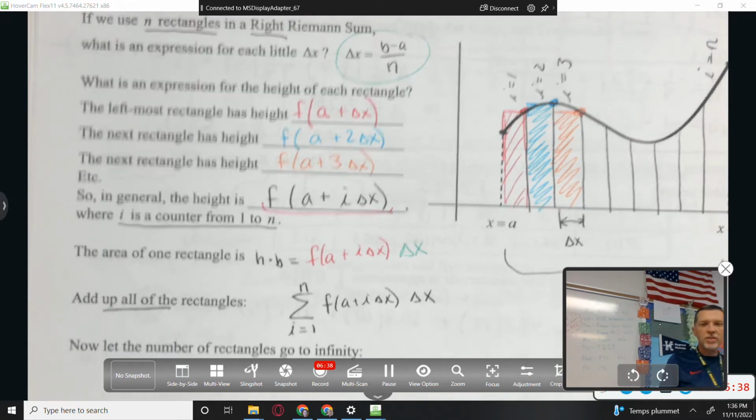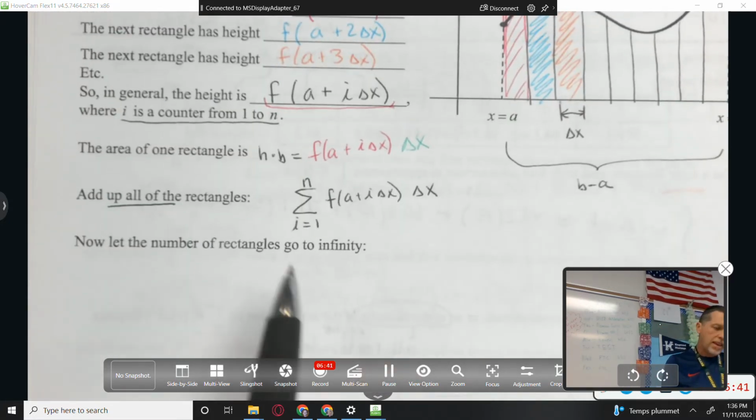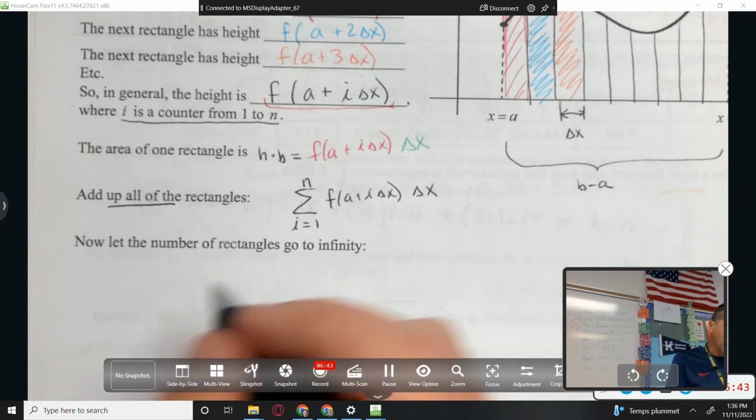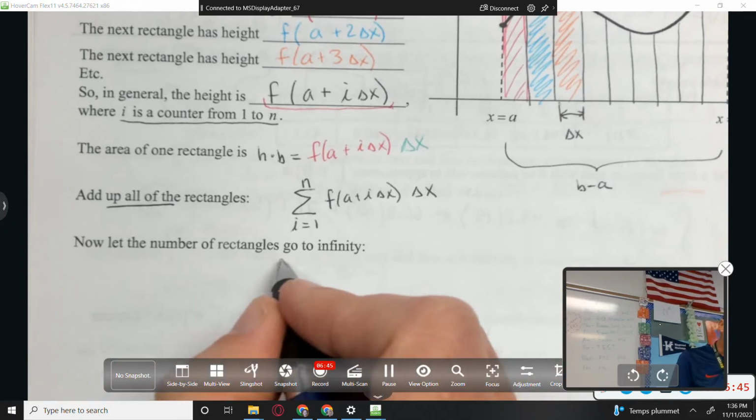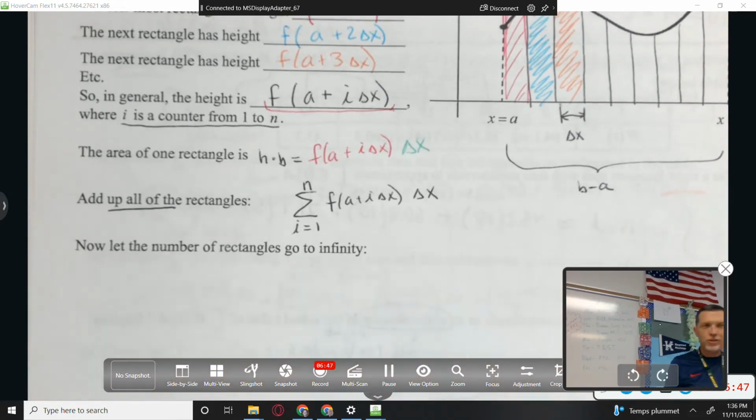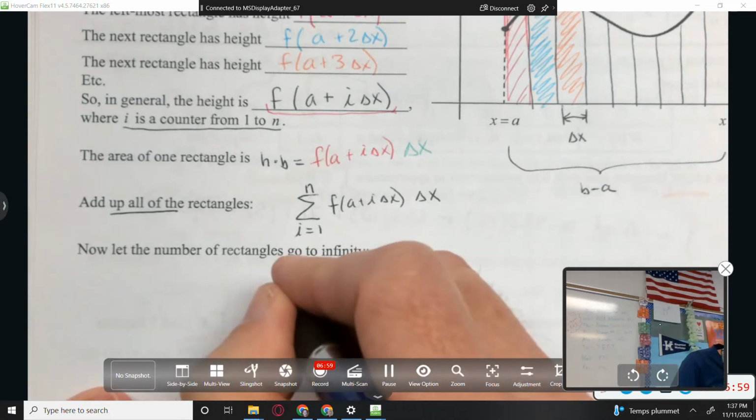Now here comes the fun part. If I really want to get an accurate number or an accurate area, we could let the number of rectangles go to infinity. That's where things get a little funny, because it's like, well, I can't actually add up an infinite number of rectangles. I don't have the time to do that, because it would take forever. But calculus can deal with limits.